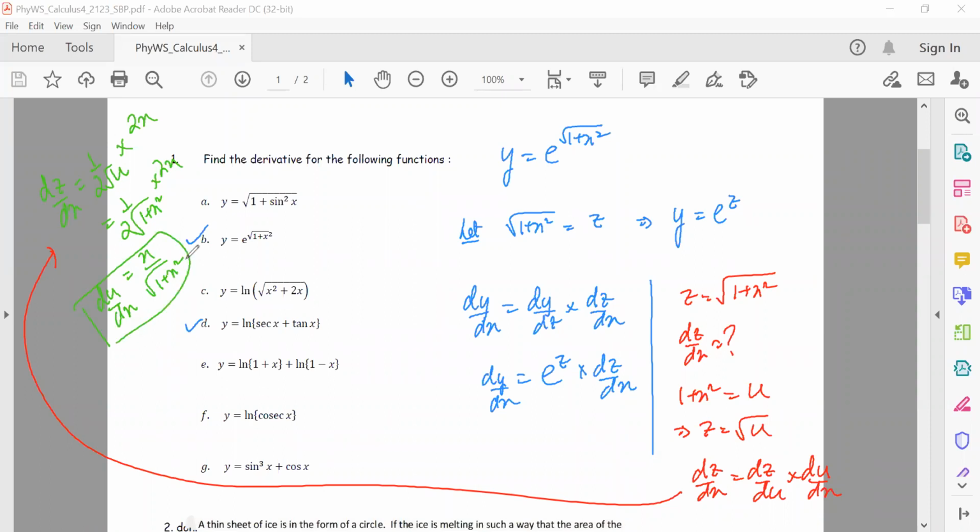Now we'll substitute that dz by dx back here, like a resubstitution. We get dy by dx as x upon square root of 1 plus x square, into this thing, which is e raised to the power z. So that is e raised to the power square root of 1 plus x square.